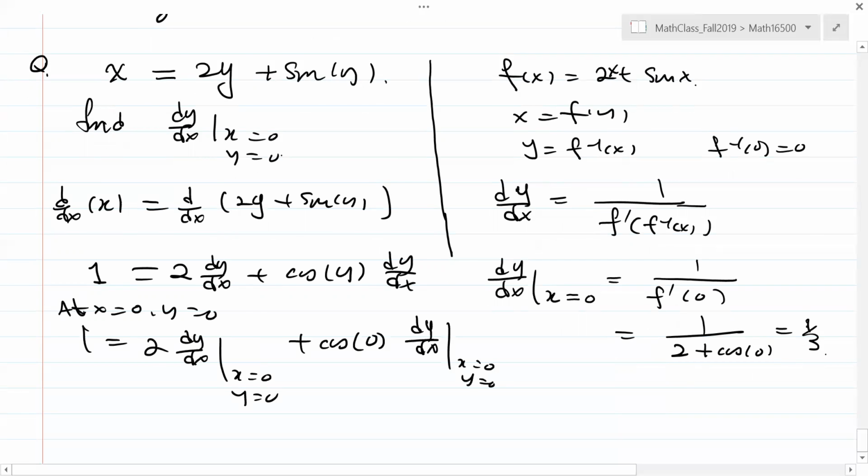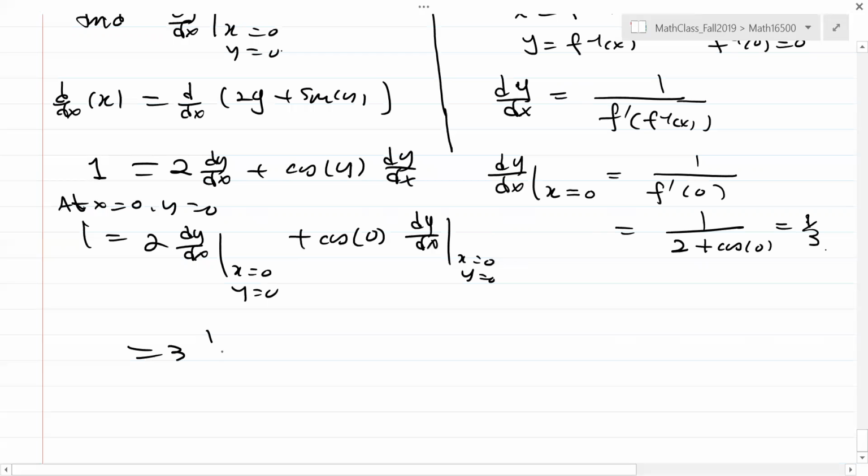And cosine 0 is 1, so I get 3 of this. And finally, dy/dx equals 1/3.